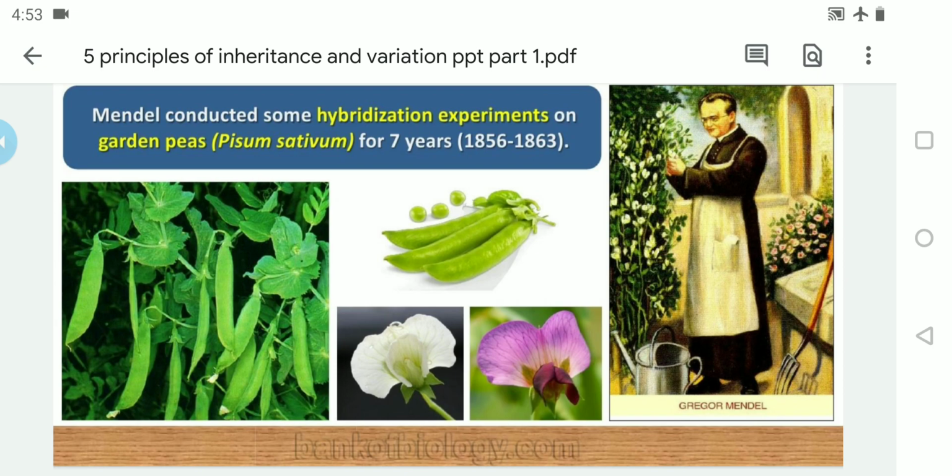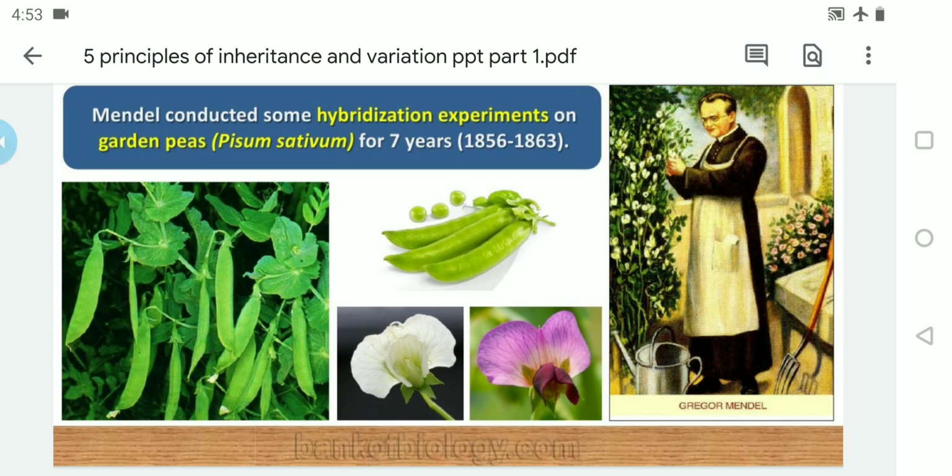He conducted the hybridization experiments on the pea plant for about 8 years. Then, in the evening of 8th February 1865, Mendel presented the results of his experiments on the pea plant before the Society for the Study of Natural Science in Brunn.